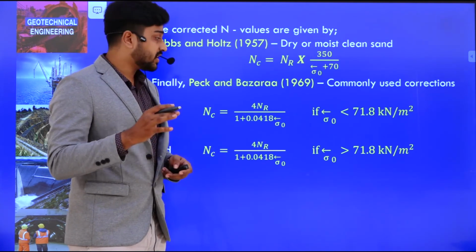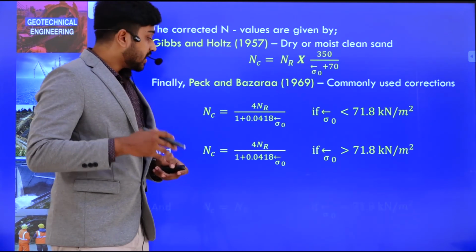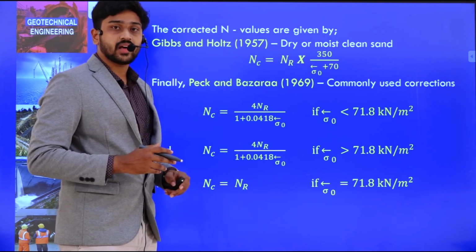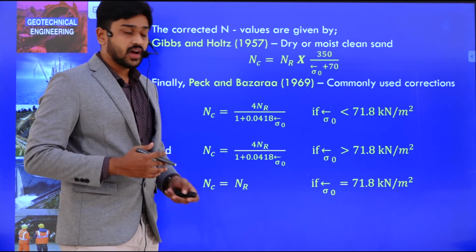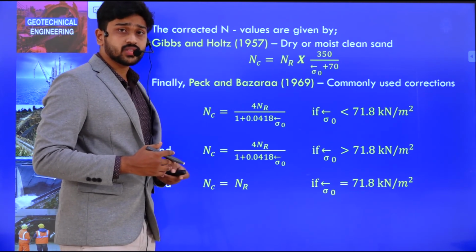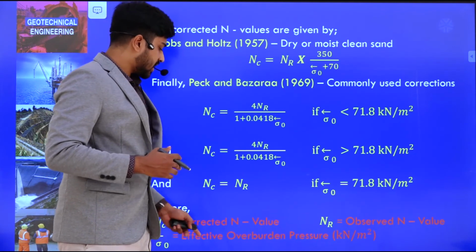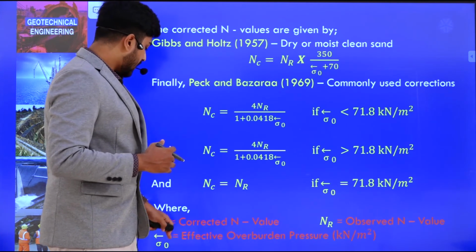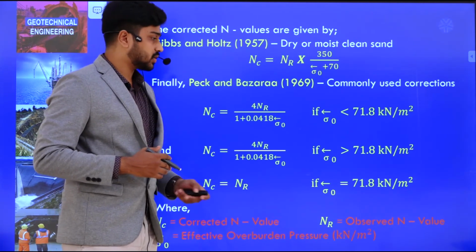That means if it is not equal to 71.8 kilonewton per meter square, you use the formula; if it is equal, you can simply take NC equals NR. That means the corrected value of N is equal to the recorded value of N. Otherwise, in any case, you have to use this particular formula. As I have stated, NC is the corrected value of N, NR is the observed value of N, and sigma naught is the effective overburden pressure in kilonewton per meter square.